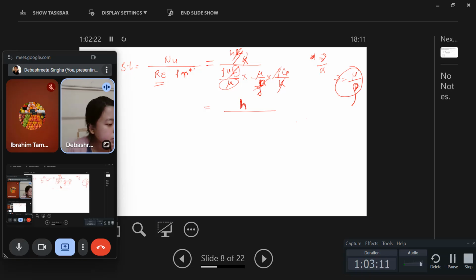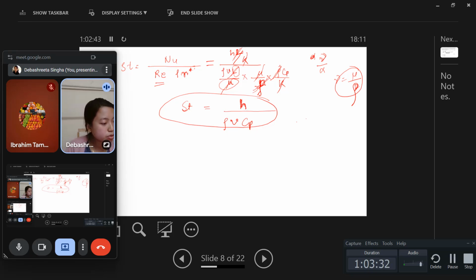Then H divided by rho V. Mu will also get cancelled. This rho already got cancelled. Then Cp. So this is the final formula for this Stanton number. Okay, H divided by rho V Cp.